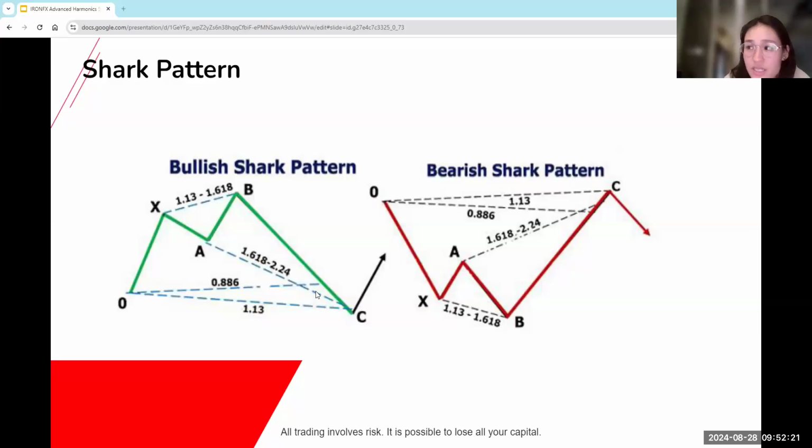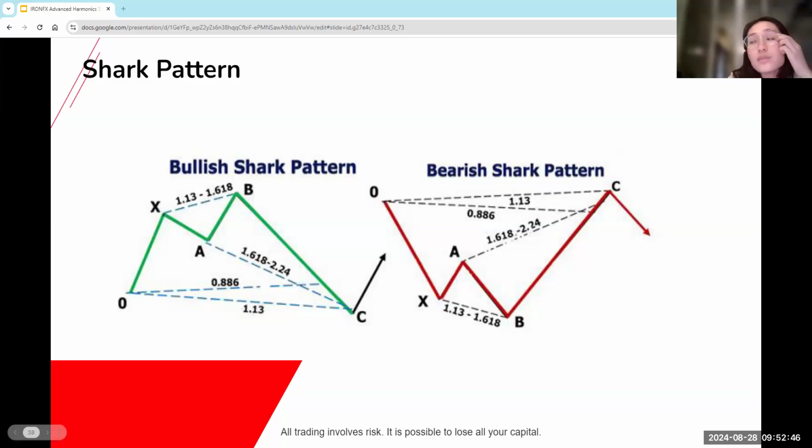Reason being, your BC level is so long, so if it doesn't fall within this 113, you can just assume that prices are going to continue. Once it falls anywhere between 113 and 161.8 projection of your AB, then you can go in for a buy or sell if you're looking at the bearish shark pattern.